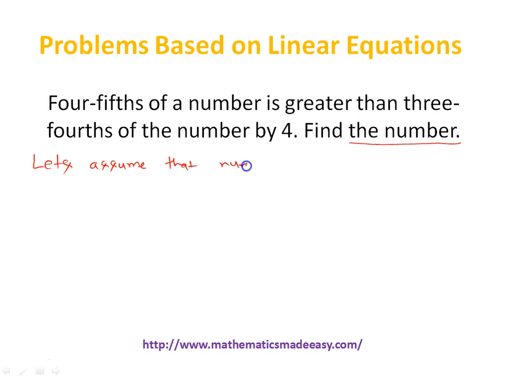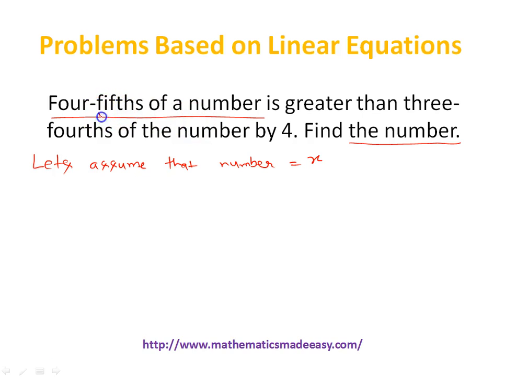Like here we are looking for the number, so let's assume that number is x. Now whatever has been said in the question, we'll apply those conditions and try to form a linear equation. Here in the question it is said that 4/5 of a number is greater than 3/4 of the number.